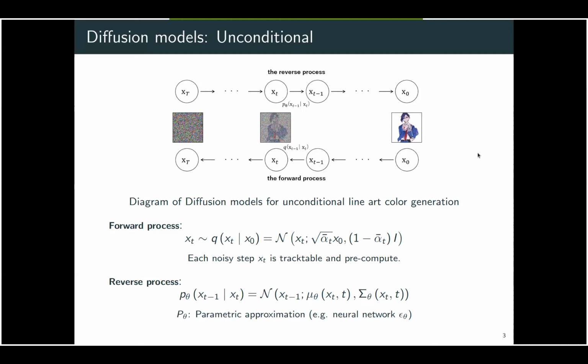So given an initial image x0 from the real distribution, as shown here, the diffusion process successively adds Gaussian noise. This is called the forward process.